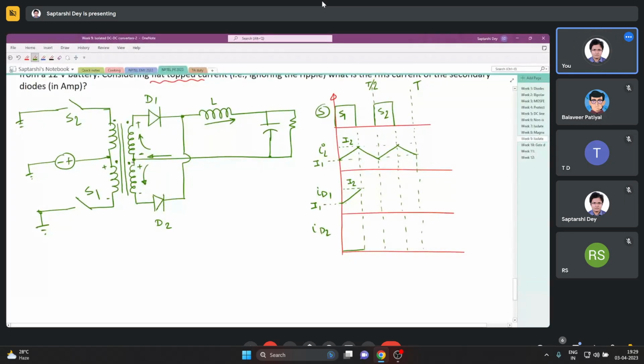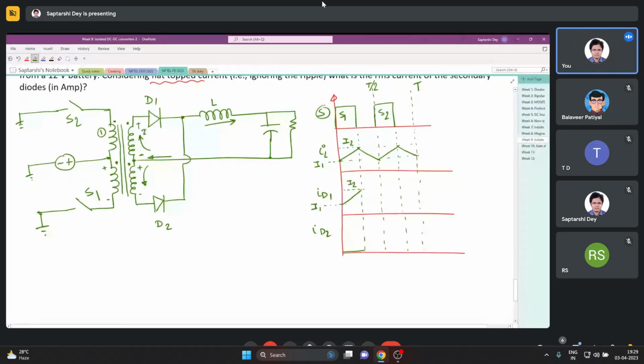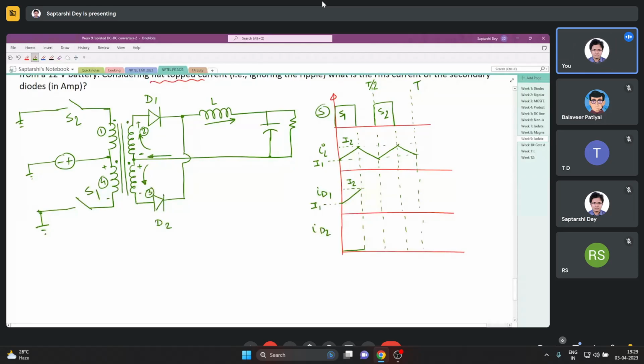Not only that, in these two windings, let me name the windings 1, 2, 3, 4. In winding 2 a current is going out of the dot, in winding 3 a current is coming into the dot, and the values of the current are the same. That is, the mmf of these two windings are balancing and cancelling each other.